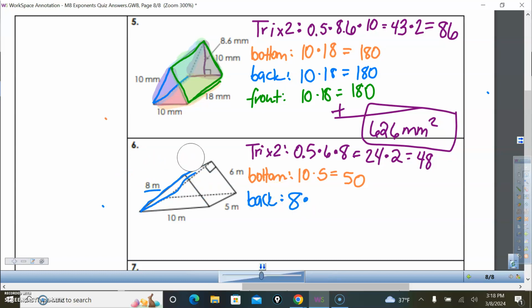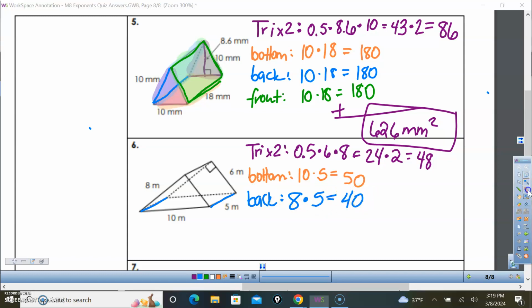So I'm going to multiply 8 by, and sometimes highlighting can make these kind of hard to see. So I can see that 8 going up and down right here. And then I would say that the width of it is going to be 5 right here. And I'm pulling that simply from the front. I can tell that those are both going to be 5 to give me 40.